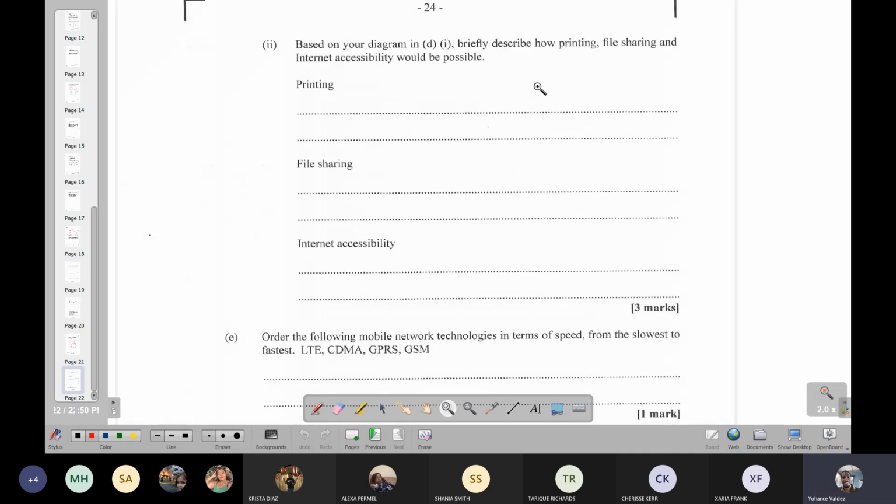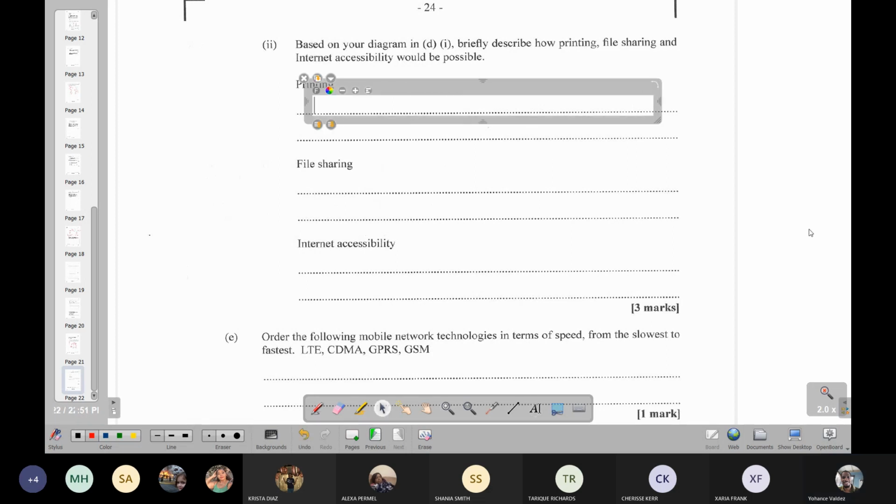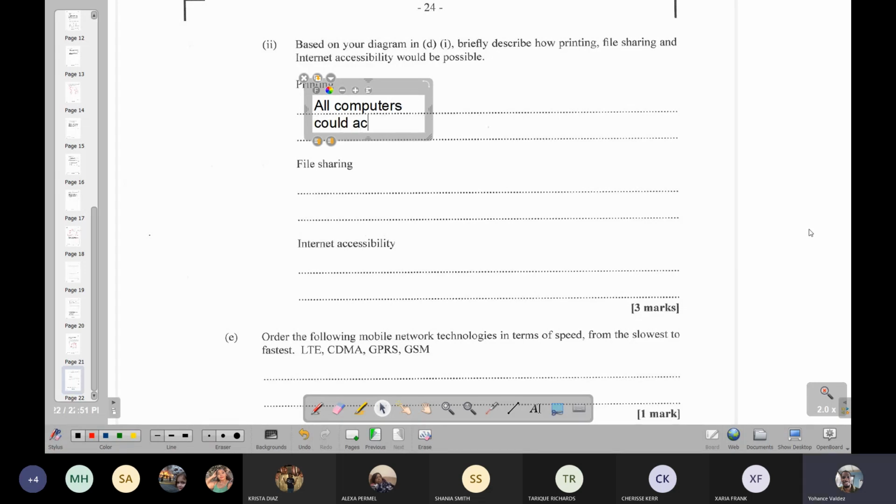Based on the diagram in B, briefly describe how printing, file sharing, and internet accessibility would take place. Well, printing: all computers could access the network printer through the switch.